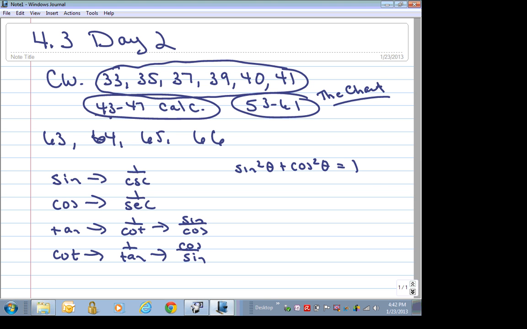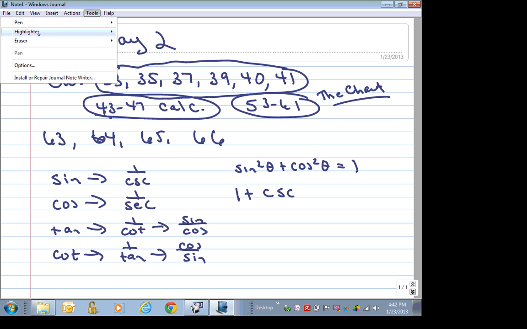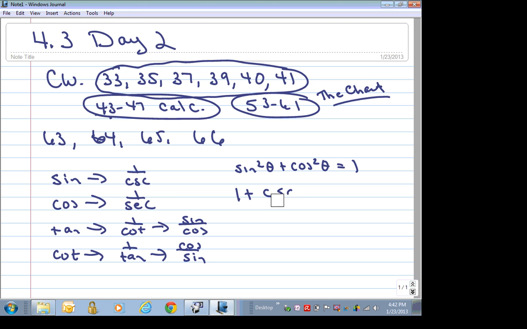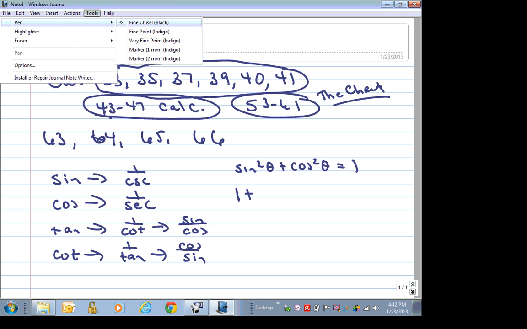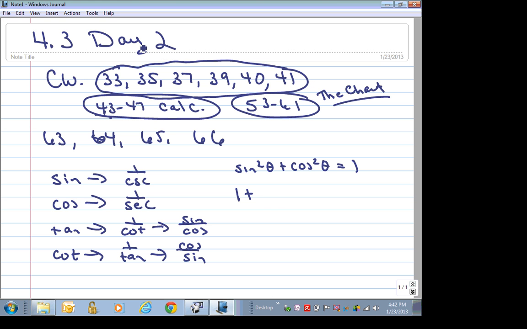The next two are a little harder to remember, and I've got a funny way for you to remember. So one of them is 1 plus cotan squared theta equals cosecant squared theta.